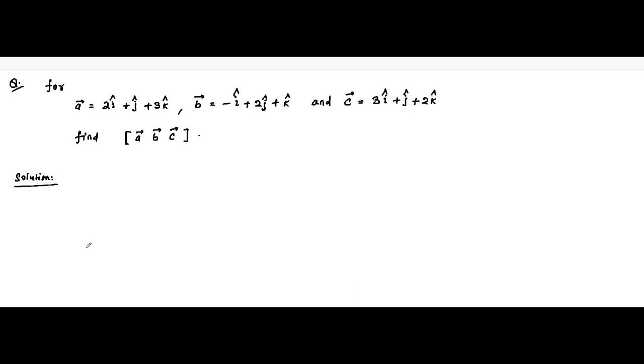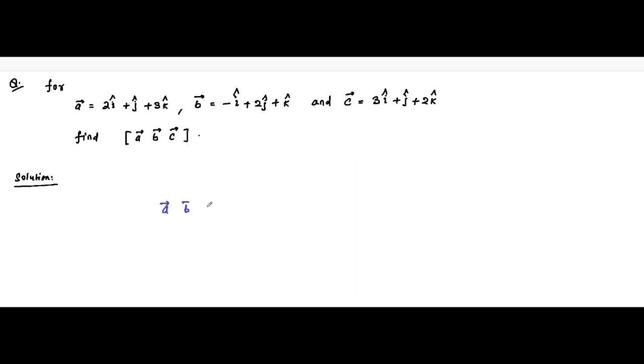So here is another question on scalar triple products. Here again we have three vectors: 2i cap plus j cap plus 3k cap, that is a vector. B vector is equal to minus i cap plus 2j cap plus k cap, and c vector is equal to 3i cap plus j cap plus 2k cap. So first we'll write it in proper order in determinant form.